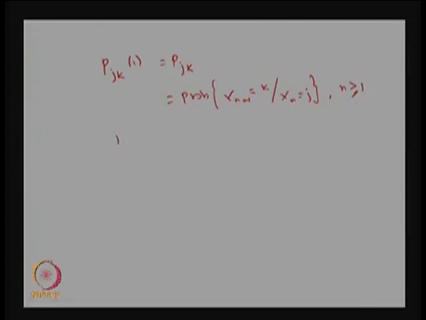Obviously, for j comma k belonging to S, the 0 step transition probability is going to be 1 for j equal to k, otherwise it is going to be 0.